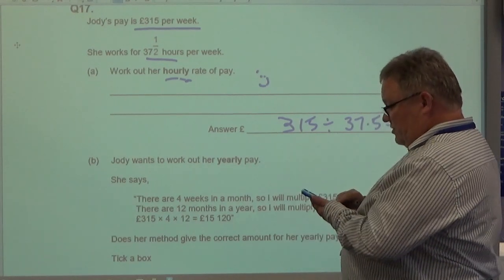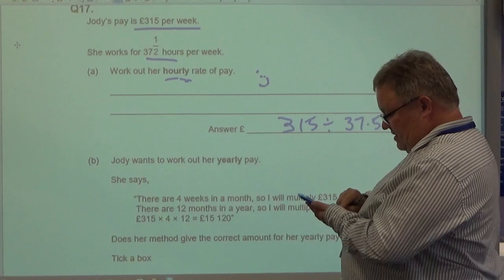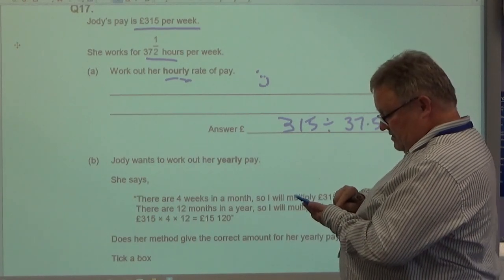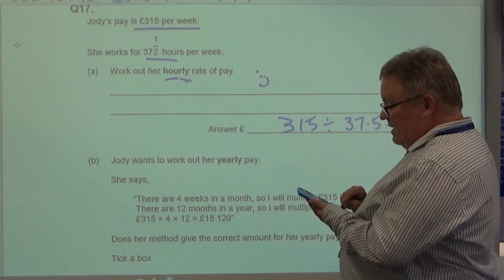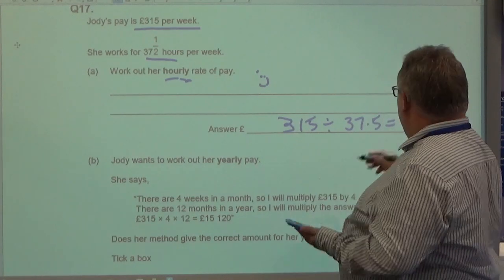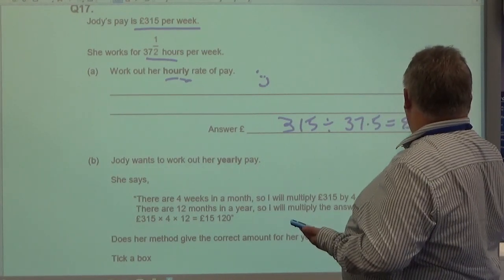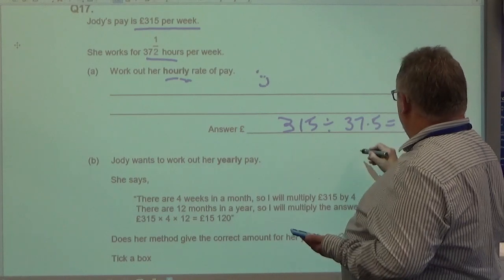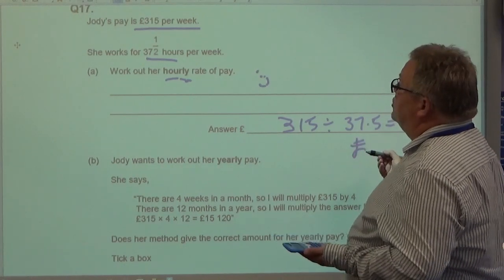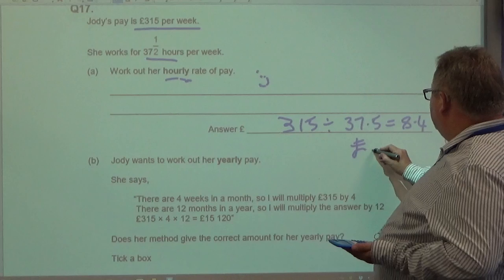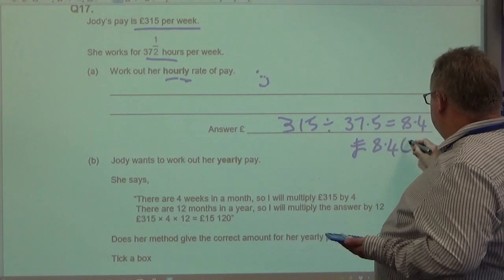I'm not going to do that one in my head. 315 divided by 37.5 gives us 8.4. Because it's money and it's her hourly rate, it would be £8.40.